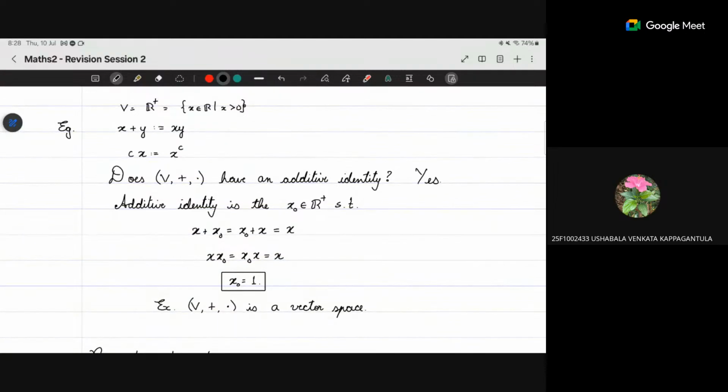So what do we need for additive inverse? Given an element x, I need to produce some element such that x plus that element is equal to the additive identity. And what is the additive identity over here? That is equal to 1. You should not assume it to be 0. Exactly, exactly.